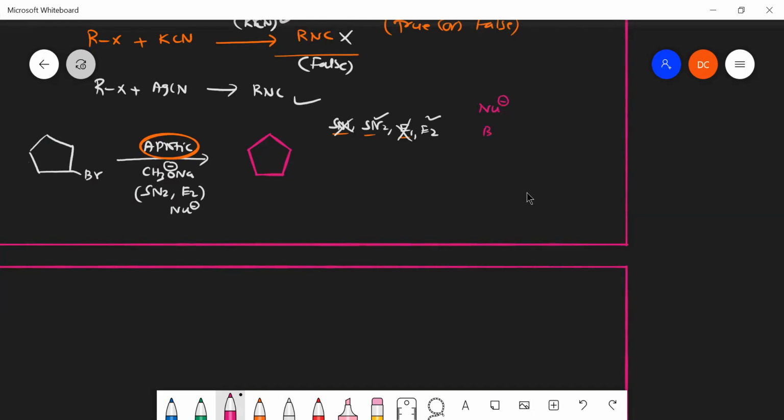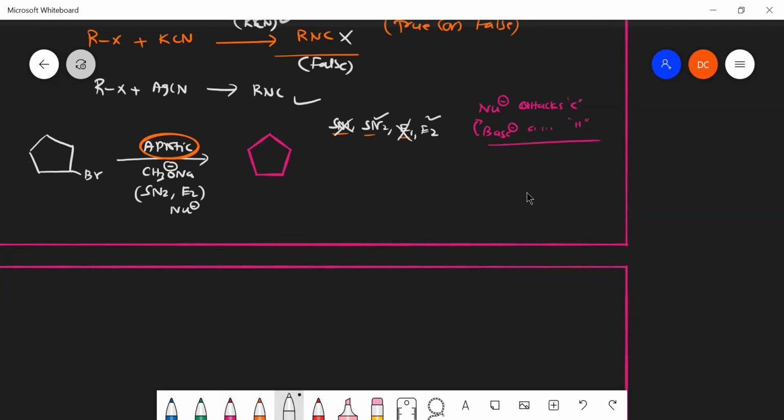What is the difference between nucleophile and base? All the bases are nucleophiles. If it attacks carbon, then it acts as a nucleophile. If it attacks a hydrogen, then it acts as a base. That's the difference. Okay. That's fine.